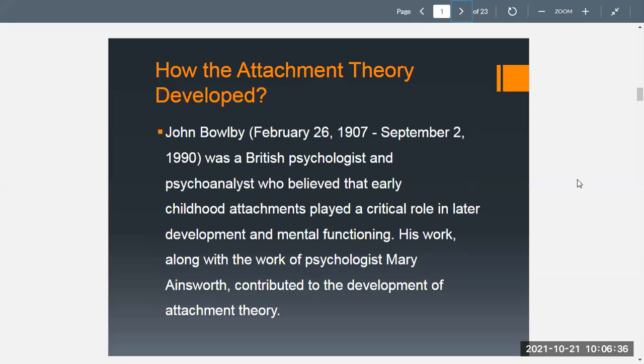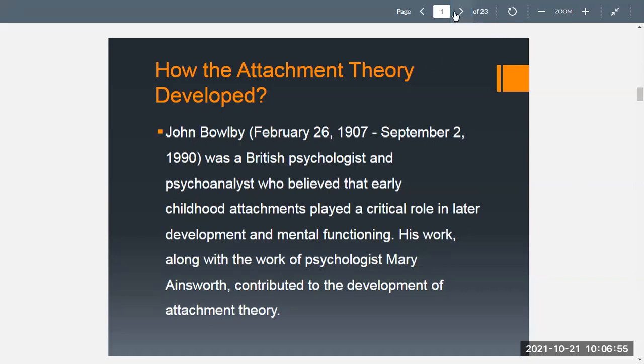John Bowlby, as I mentioned, was a British psychologist and psychoanalyst who believed that early childhood attachments played a critical role in later development and mental functioning. His work, along with the work of psychologist Mary Ainsworth, contributed to the development of attachment theory.